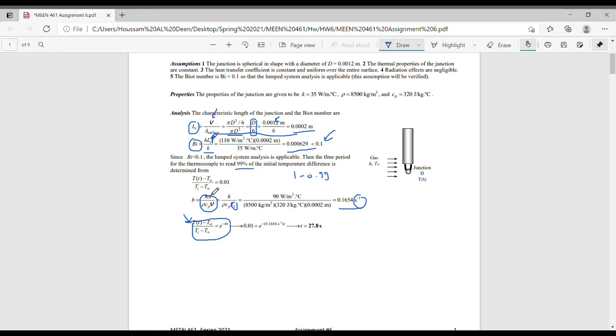After we plug in the numbers we get this equation, and after we use ln on both sides, we get that the time to reach 99% of the initial temperature is going to be 27.8 seconds.